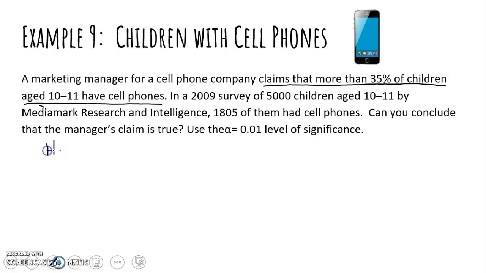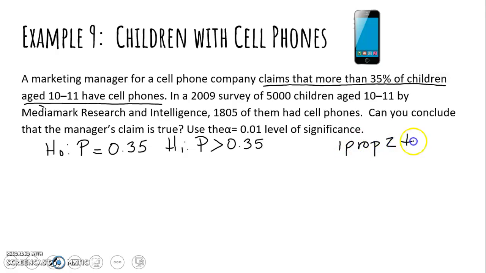So our null, we're testing a proportion. We're going to say that it equals 35% or 0.35, and for the alternate statement, it's going to match the claim that it is more than 0.35. All right, so we're going to do a 1 prop z test, and our null is equal to 0.35.